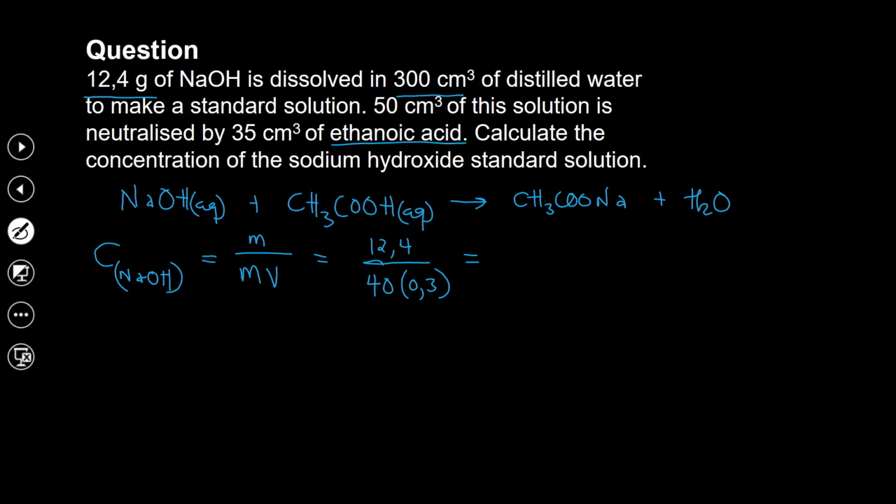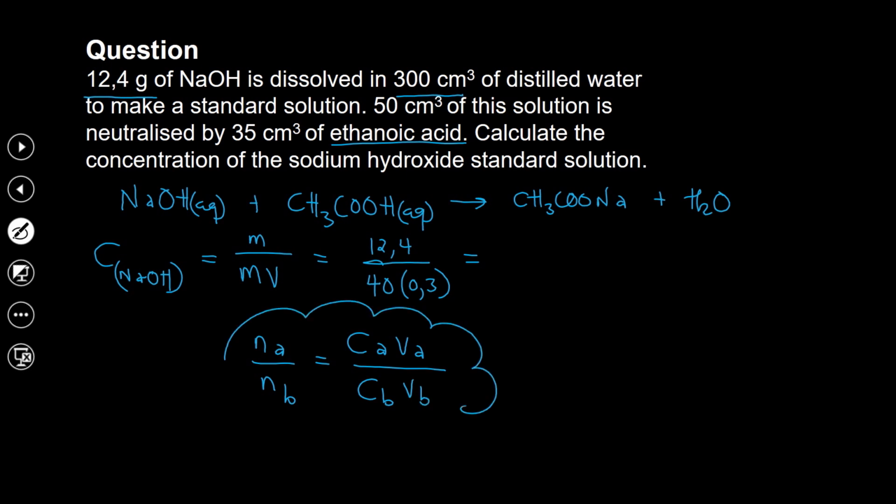Once you get the concentration of sodium hydroxide, we are then able to use the equation: moles of acid over moles of base is equal to C of acid times volume of acid, divided by C of base times volume of base. What is different in this scenario is that we are able to determine this concentration of sodium hydroxide, whatever that is, and then this becomes our standard solution.